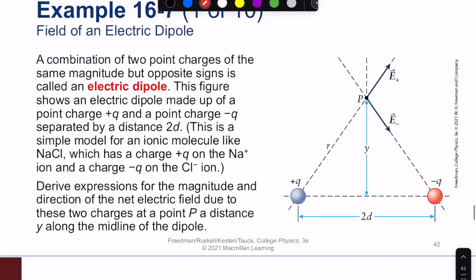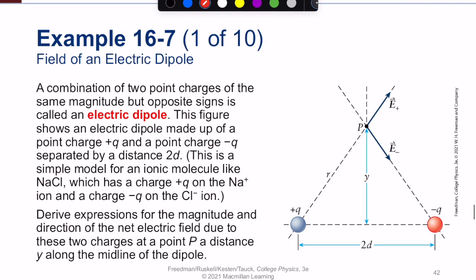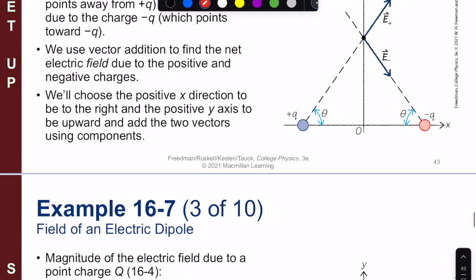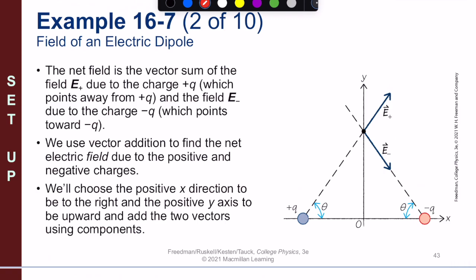Okay, so here we go. Another triangle question. Follow the same steps as in the example calculating electric force, except now we're doing electric field. So just look at the triangle there, look at those vectors, right? We're doing the same kind of math here, except we're going to follow the rules for electric field.